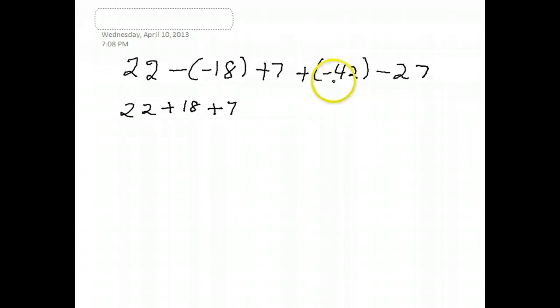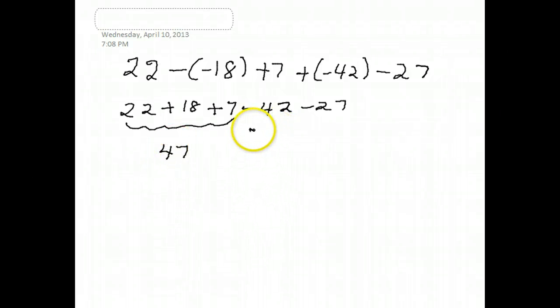Adding a negative is the same as just subtracting a positive. So I can just rewrite this as minus 42 minus 27. So if I combine all the positives, these three, I get 22 plus 18, which is 40, plus 7 is 47.